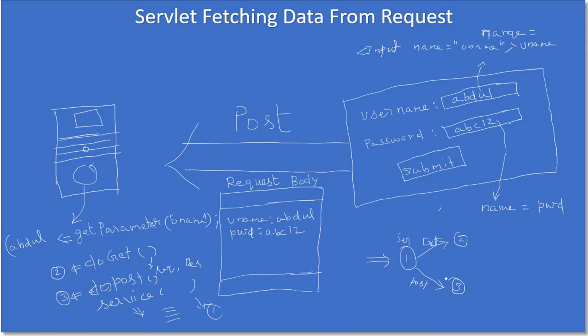You can override all three methods. As already told, if the request processing is the same whether it is get or post, you can do that in the service method. Or if you have a different implementation for get and post, that means if data is submitted to the servlet using the get method and you want a different implementation, and if it is submitted using the post method and you want to handle it differently, then you can override both doGet and doPost.